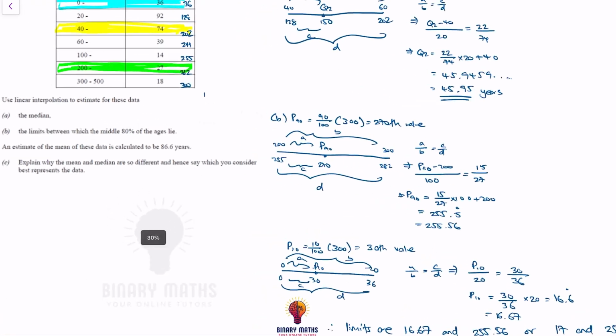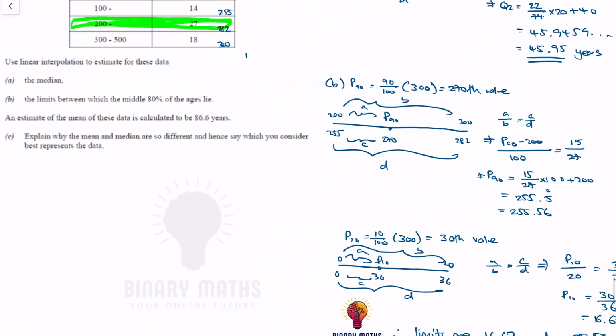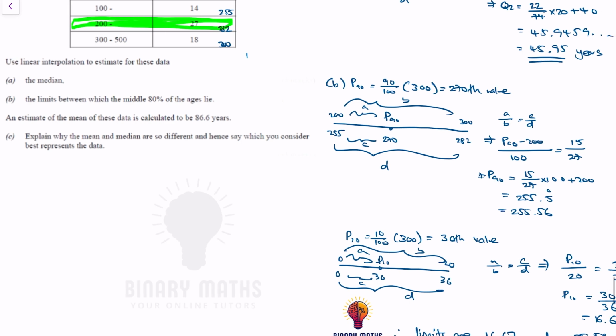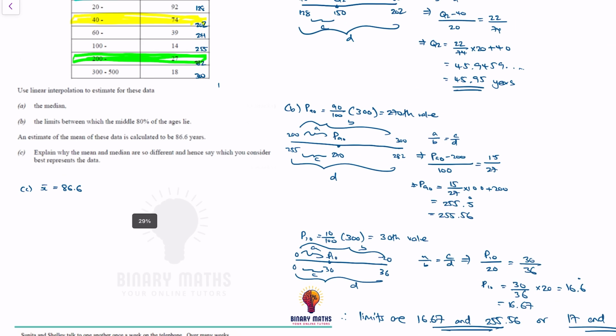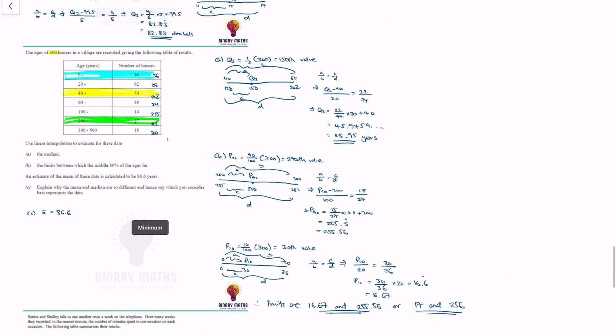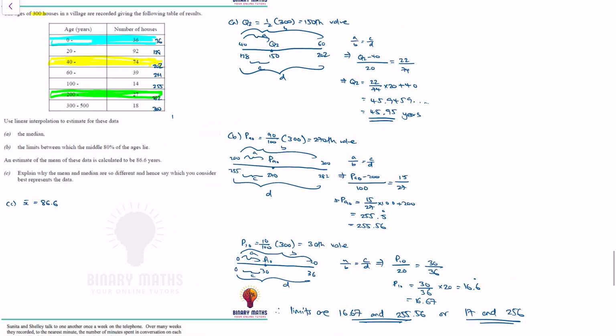Okay, part C. Explain why an estimate of the mean of this data is calculated to be 86.6. So for part C, X bar is equal to 86.6. And explain why the median and the mean are so different, and hence say which you consider best represents the data.